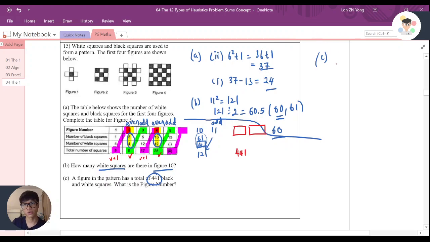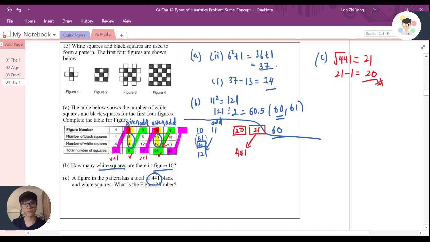So for C, we square root 441 and find out the answer. We know it is actually equal to 21. Again, the same concept. I know that here is 21. And of course, I know the one before it is actually 20. So 21 minus 1 is equal to 20. And we are done with this question.